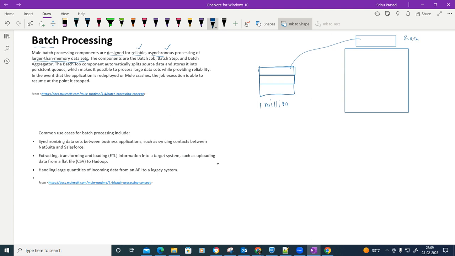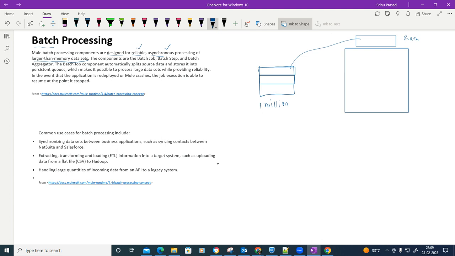That is one of the strategies. Batch processing itself defines processing the data in batches rather than processing the entire data in one go.